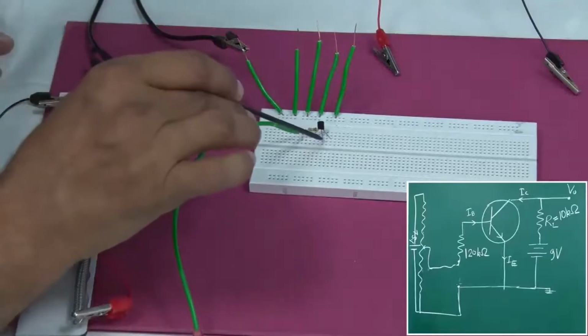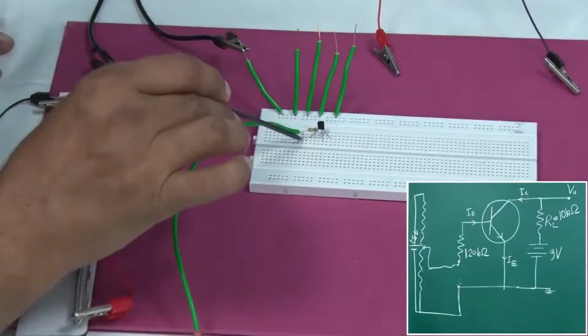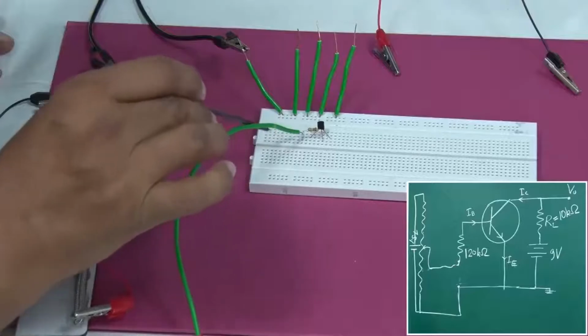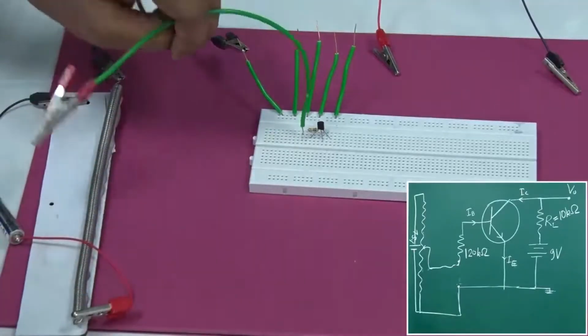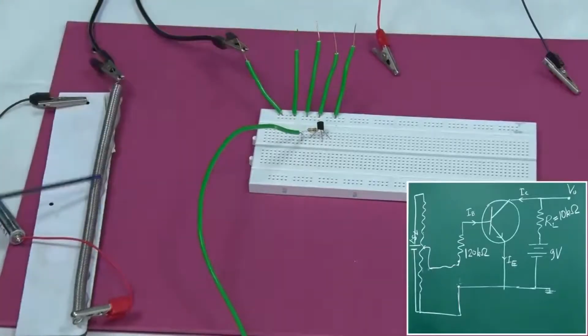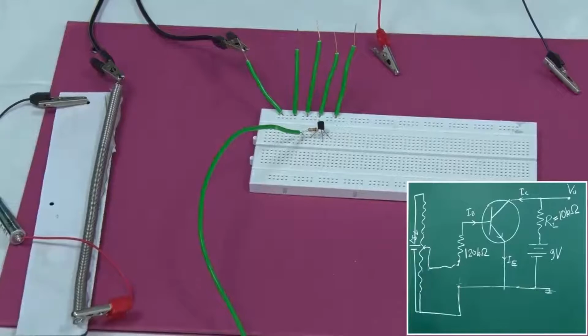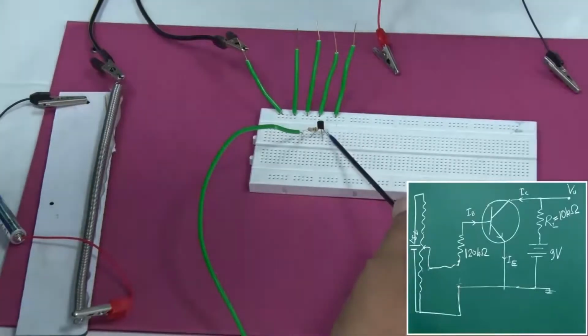I have the base. From the base, I have added 120 kilo ohm of resistance. From there, I have added this variable point, which I will be connecting somewhere, and then this will be our input voltage. Okay. Now, the emitter has to be connected to the ground. So, where is the emitter? This one is the emitter.